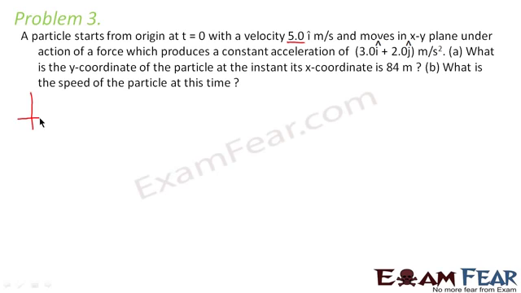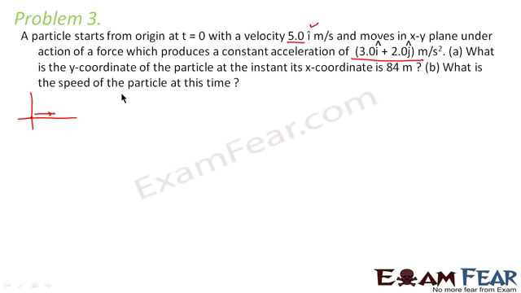That means the particle starts from origin and moves along the direction of the x-axis initially, because the velocity is 5 i cap. There is no j component, so there is no motion along the y-axis. Then it starts moving in the xy plane when the force is applied with a constant acceleration.